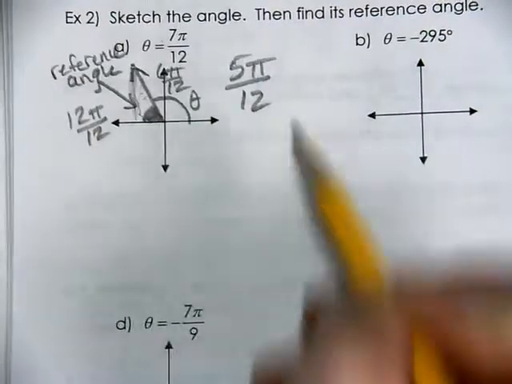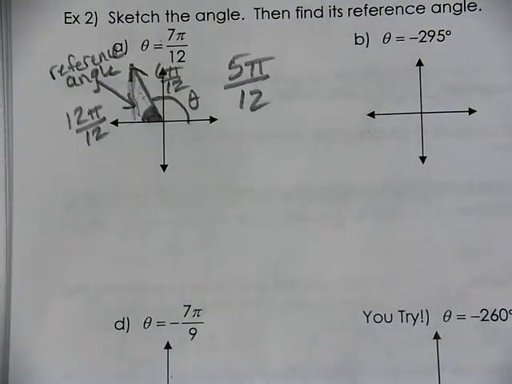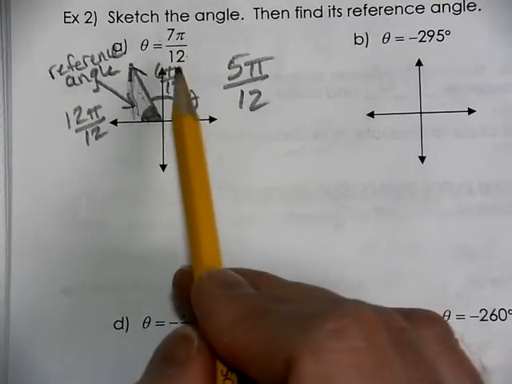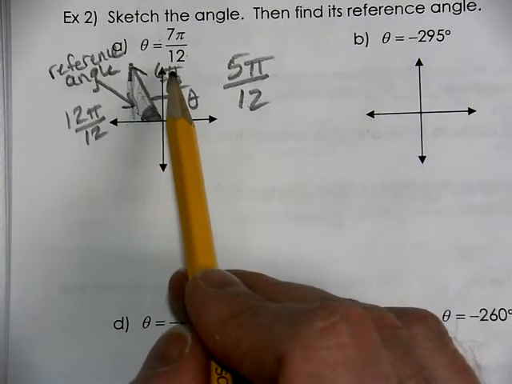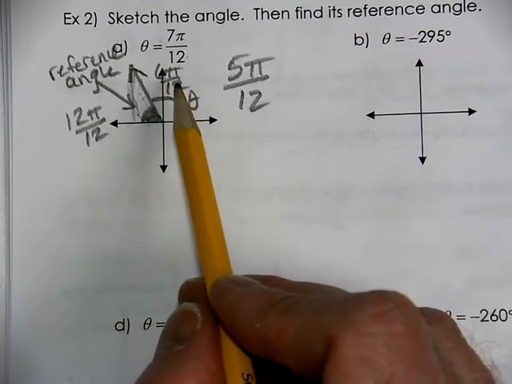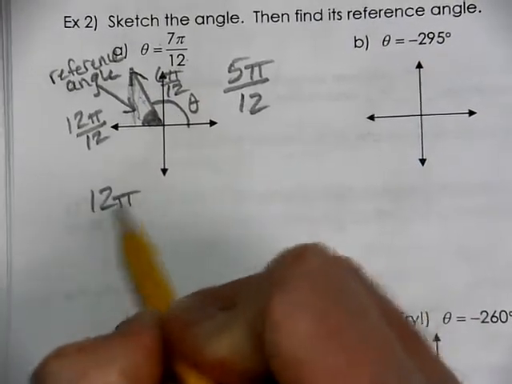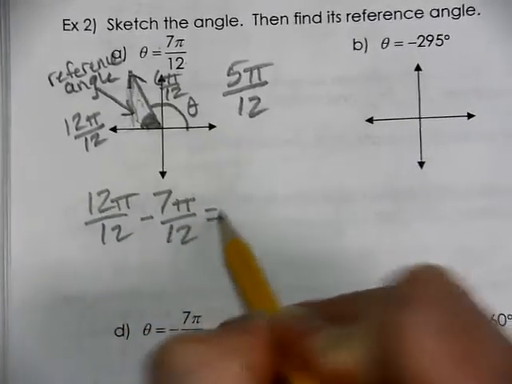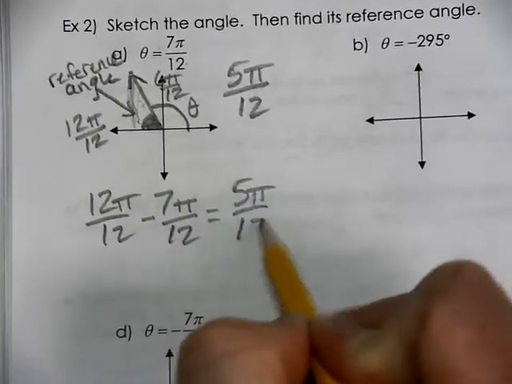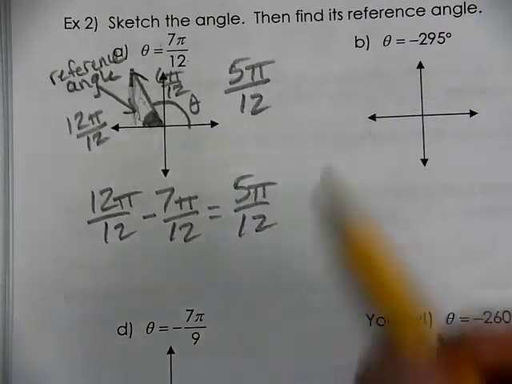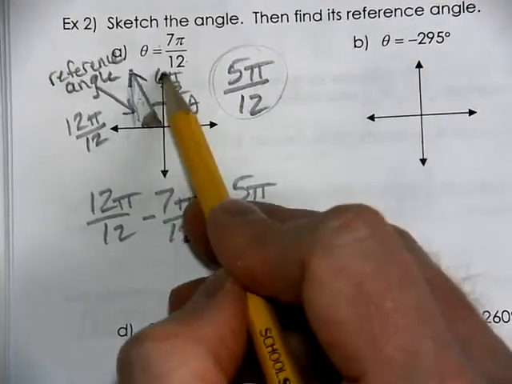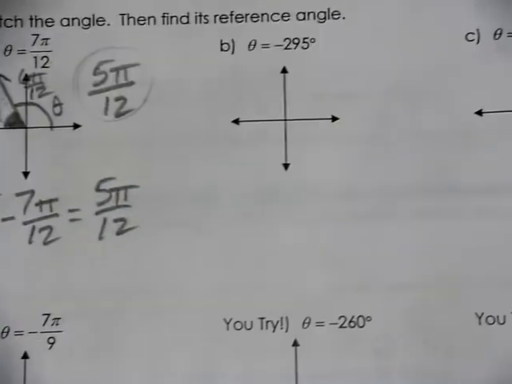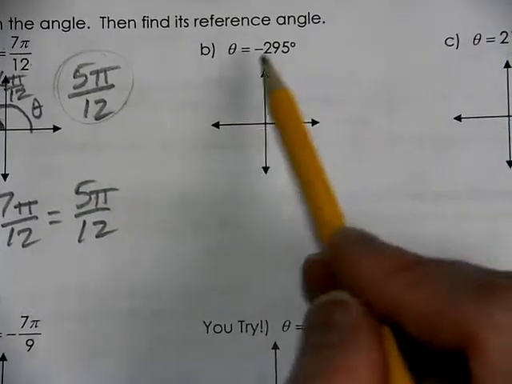I feel that you can do that without the formulas. If you're in radians, you want the answers in radians. Notice we did not do any converting. We did not use a calculator. You could say 12 pi over 12 minus 7 pi over 12 gives you 5 pi over 12. But I feel that you should be able to identify that if you're at 7, you need 5 more to get up to 12.